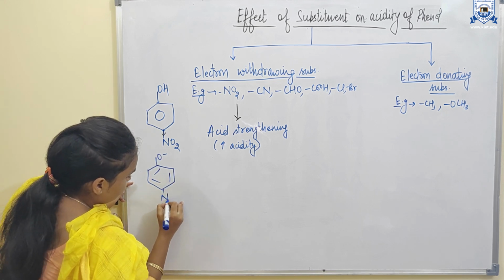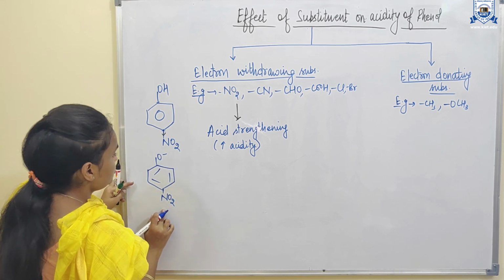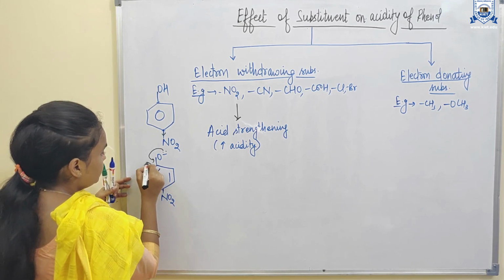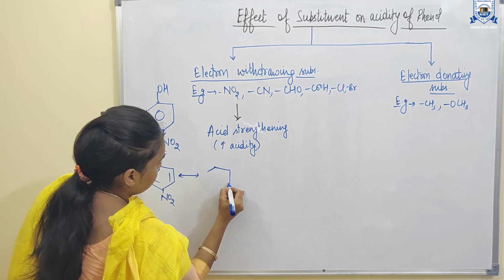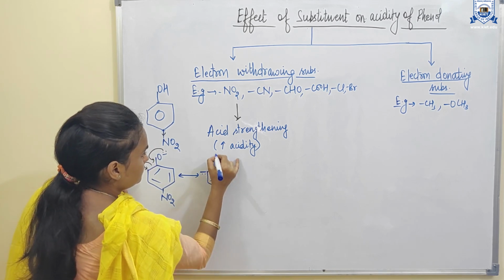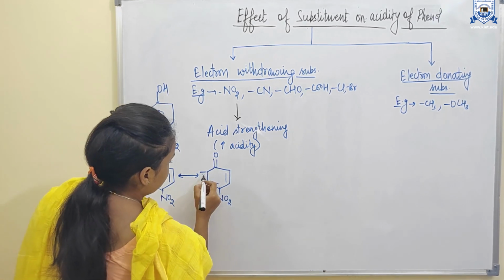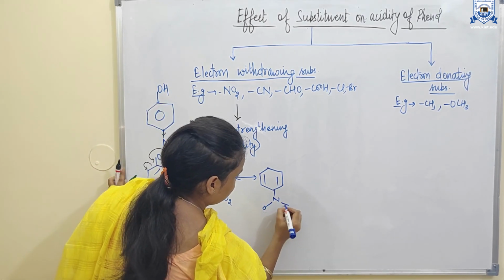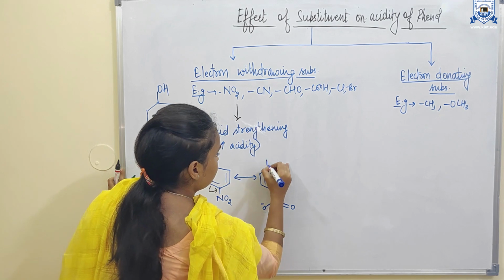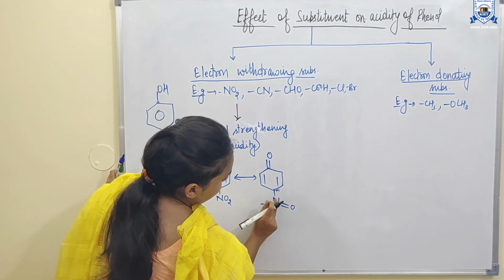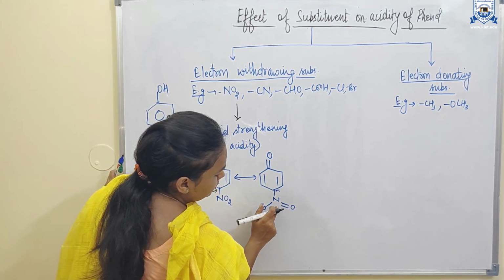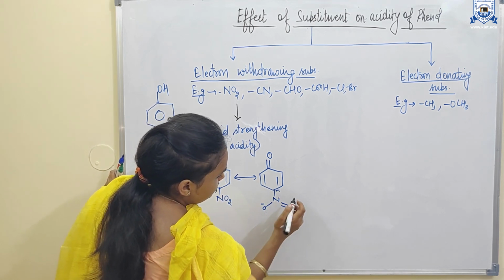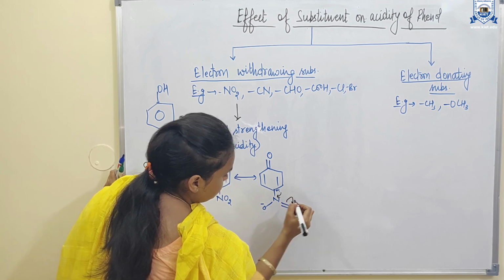If it is a phenoxide ion with a nitro group at para position, the negative charge on the oxygen participates in the resonance. Now the negative charge will come here. Now this negative charge can be delocalized with the oxygen, it can share electron with this oxygen.